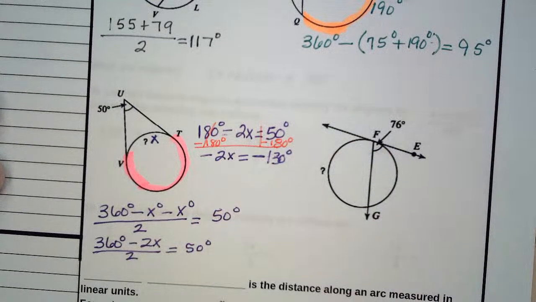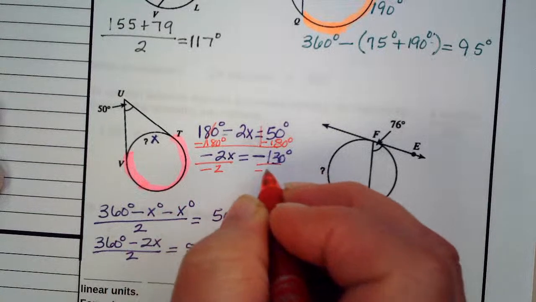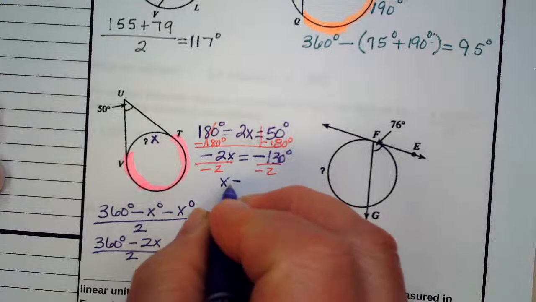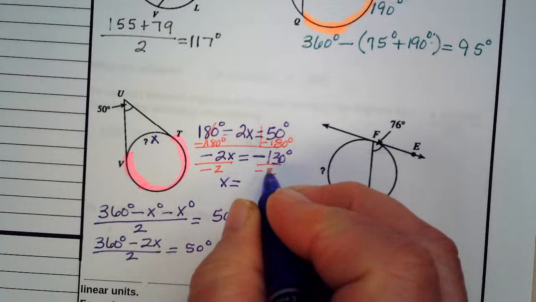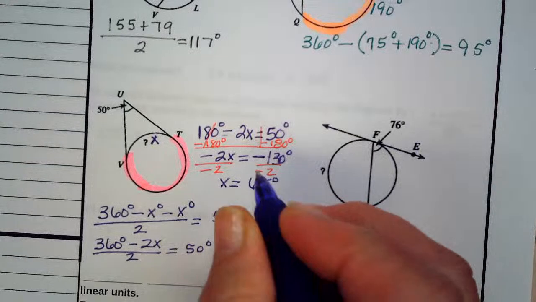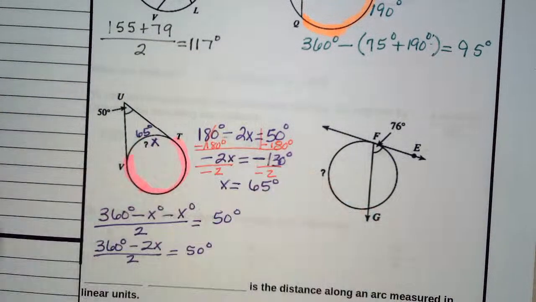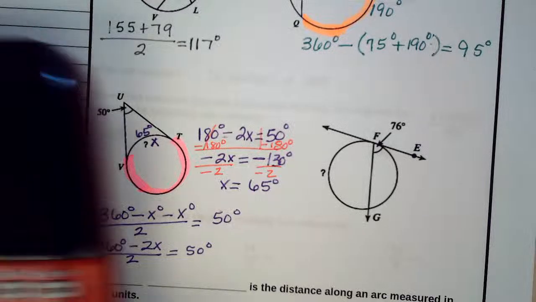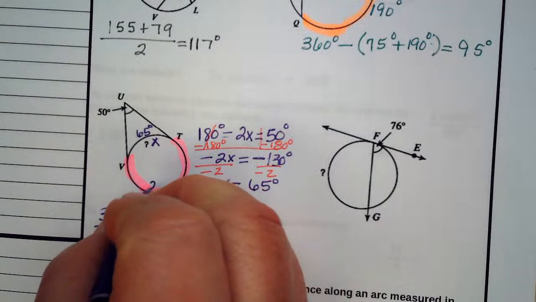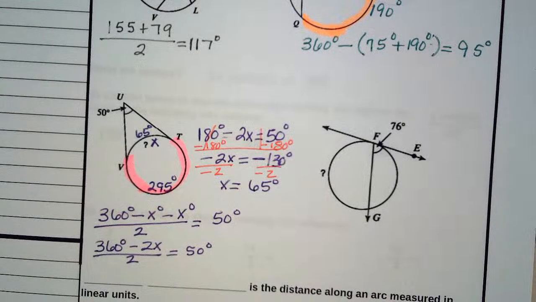Divide both sides by negative 2, and x is equal to half of 130, which is 65. If that's 65, 360 minus 65 would be 295 degrees. We found all the missing pieces.